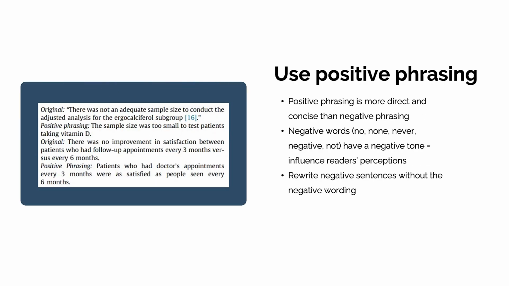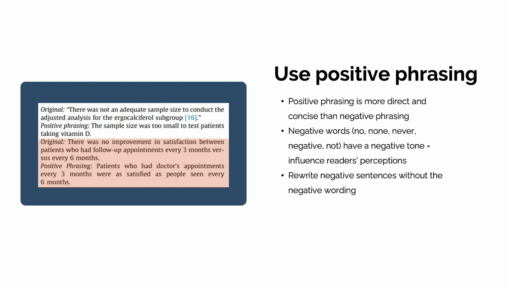Steer clear of negative phrasing. Using words like not, no, none, never, negative can have a negative tone and can influence how your readers perceive your message. Take the second example on the left. There was no improvement in satisfaction between patients who had follow-up appointments every 3 months versus every 6 months.